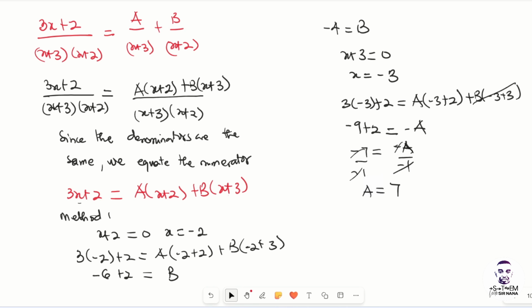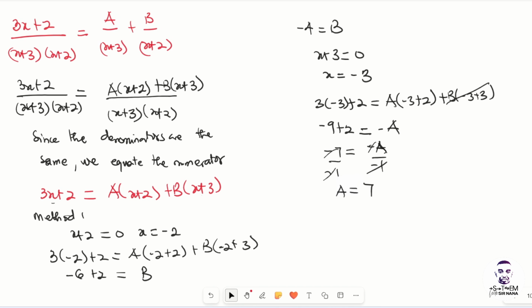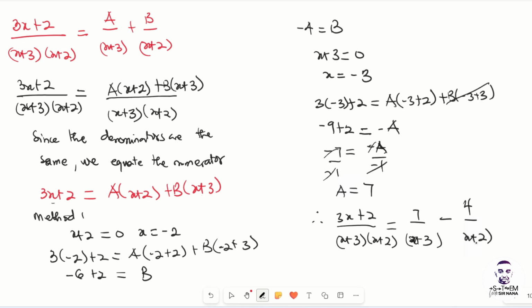So we'll rewrite, and then we'll move the A and the B in place of what is there. So therefore, our decomposed form, 3x plus 2 all over (x plus 3)(x plus 2), is going to be equal to the A is 7 all over x plus 3, and then we have minus, because the B is minus 4, so minus 4 all over x plus 2.